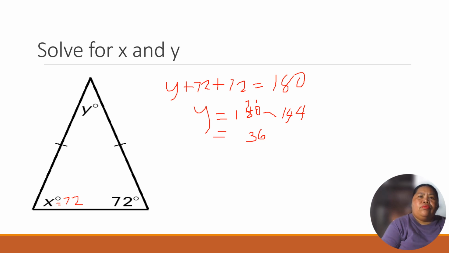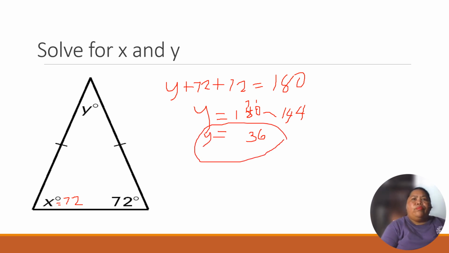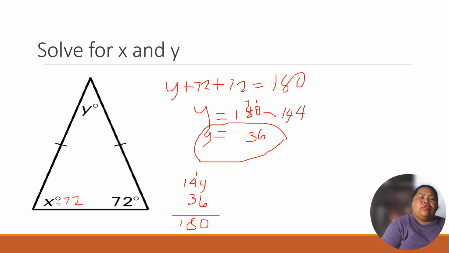So the answer for y is 36. How can we know that the answer is correct? Let's add 144 plus 36, which is 180. So they are correct.